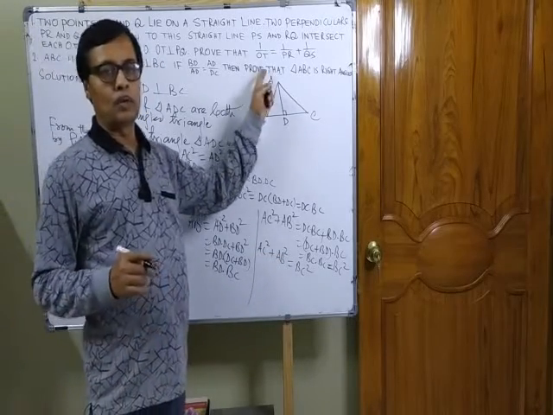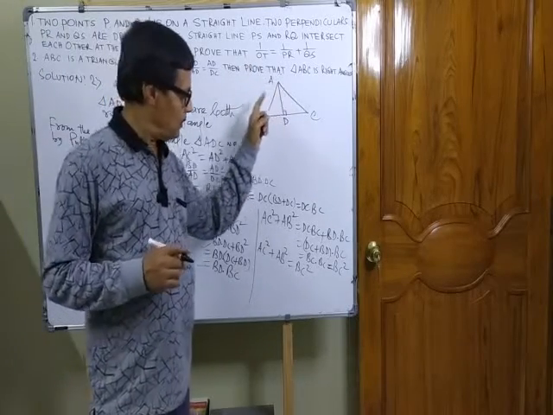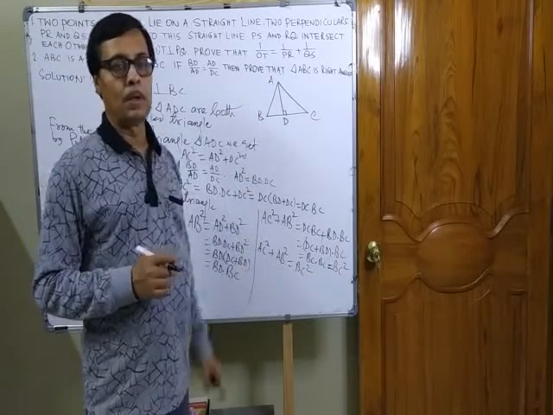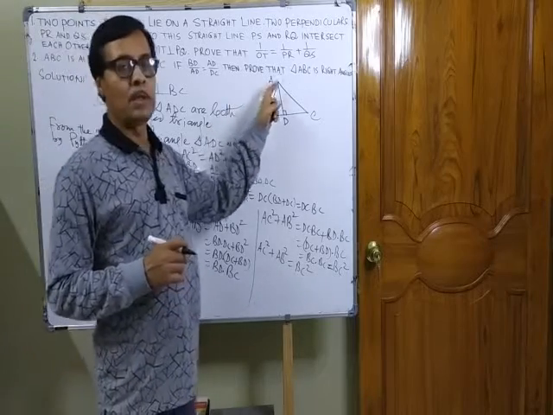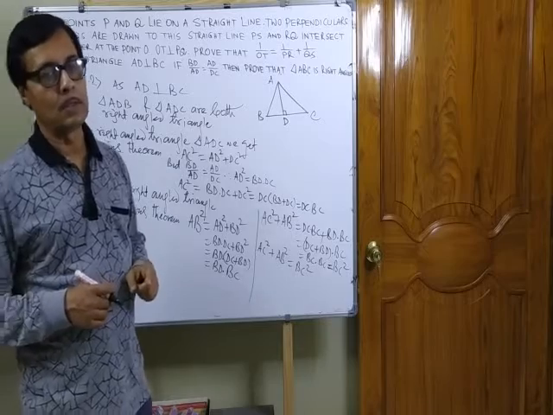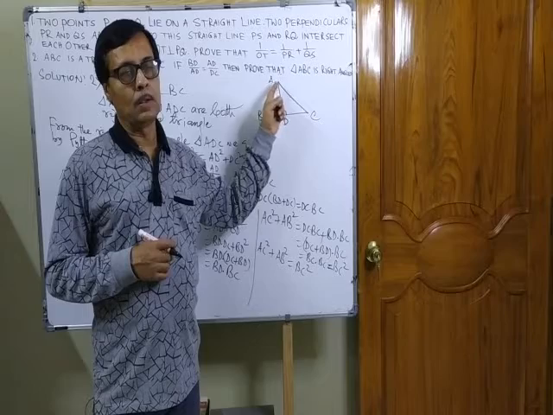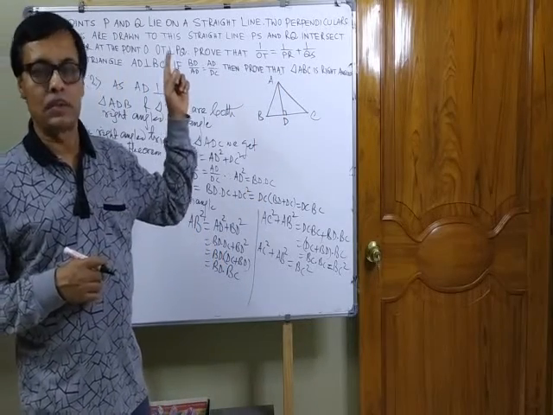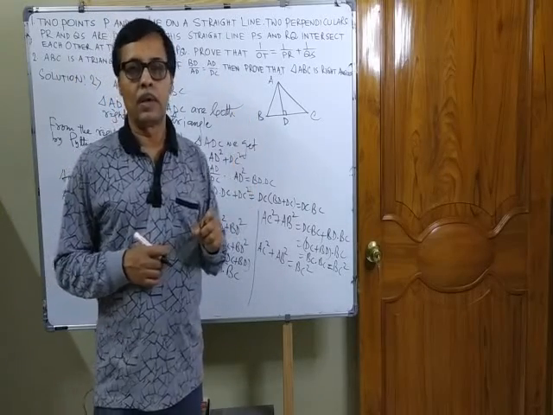By the converse theorem of Pythagoras theorem, we can say that this triangle is a right angle triangle, because the square of one side is equal to the sum of the squares of the other two sides. If the square of any side of a triangle is the sum of the squares of the other two sides, then this triangle is called a right angle triangle.